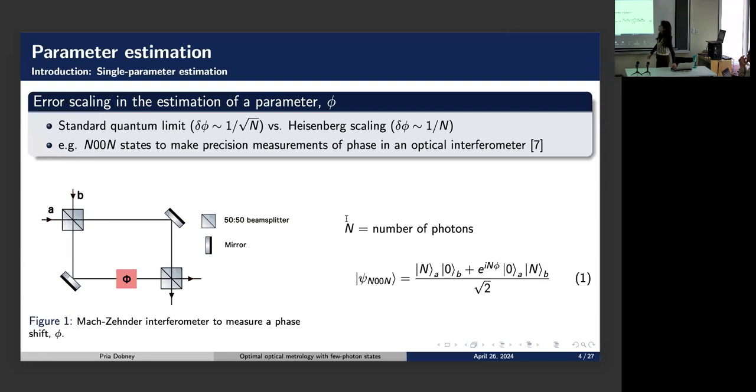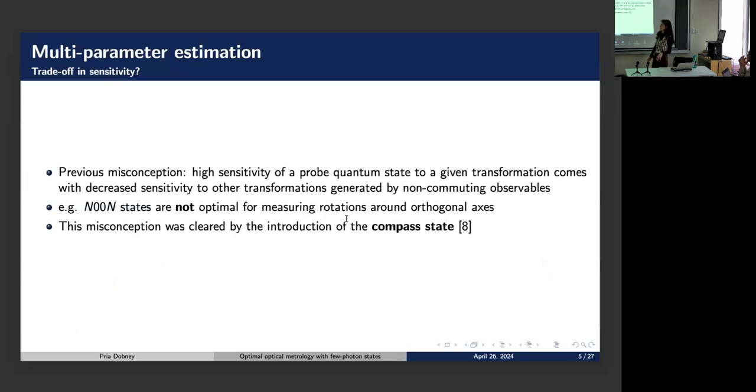But this is just the case for a single parameter estimation. If we want to estimate multiple parameters at the same time, things can get a bit more complicated if we have transformations that are generated by observables that don't commute with each other. Previously, people thought that if you have a particular quantum state that is really sensitive to measuring a given transformation, it naturally comes with a decrease in sensitivity in measuring other transformations.